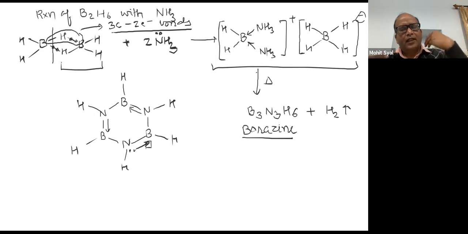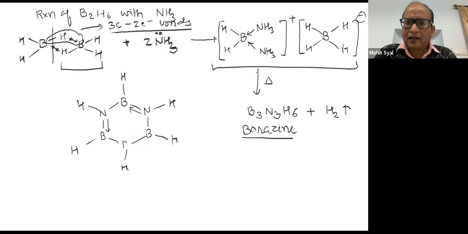Ammonia will say, okay, let's make a bond and use both of my electrons to form an extra bond, which is known as a pi bond. This is known as a dative bond or pi bond. Is it clear why I put an arrow from nitrogen to boron? This arrow tells us that the nitrogen is giving its lone pair to boron.